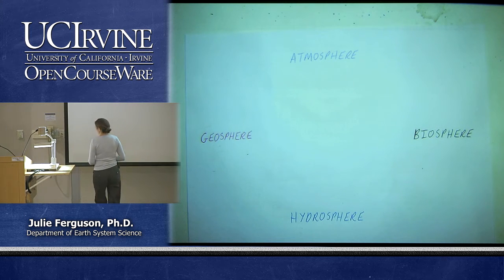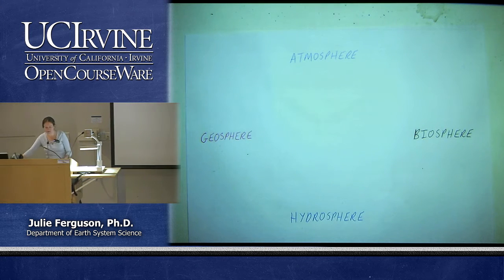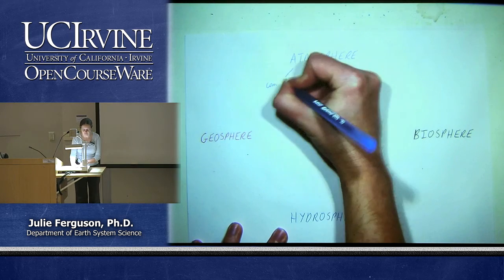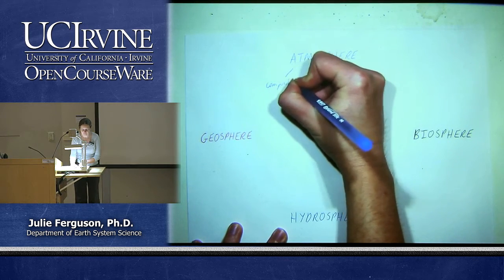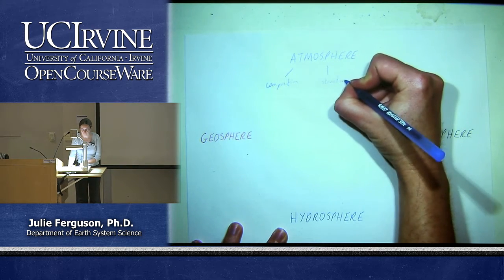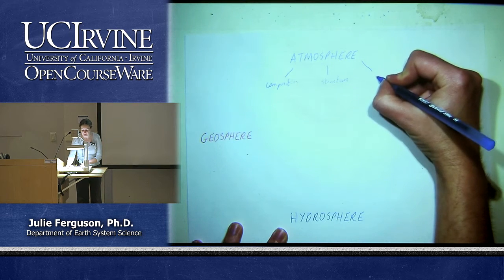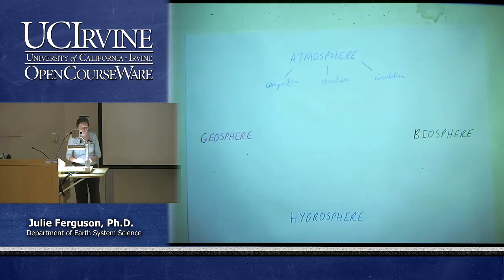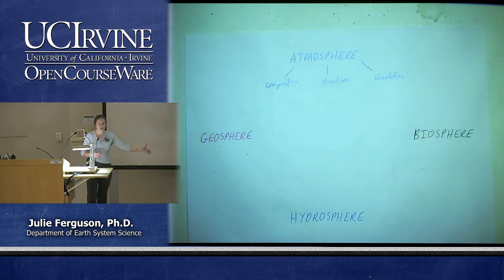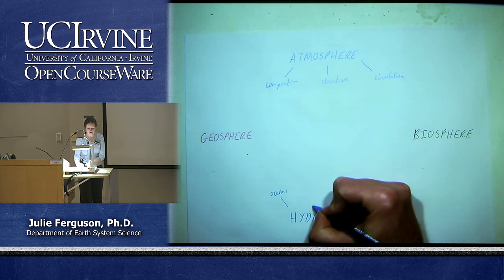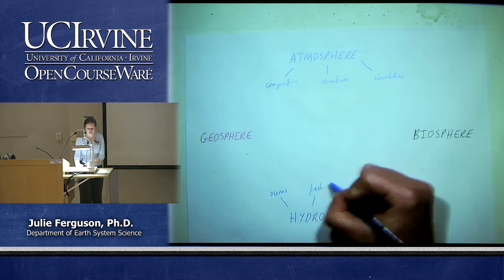So for example, I might start subdividing this down into composition, structure, and I said circulation, so the movement of the atmosphere. And then you can do that with the different spheres. So the hydrosphere you might separate into oceans versus freshwater versus frozen, okay? And we'll come on to that.